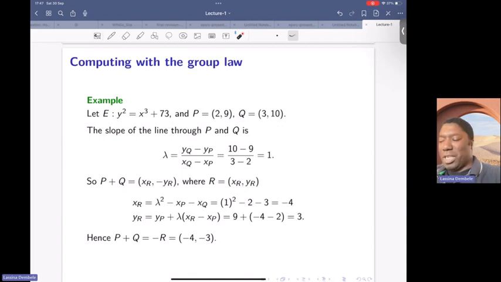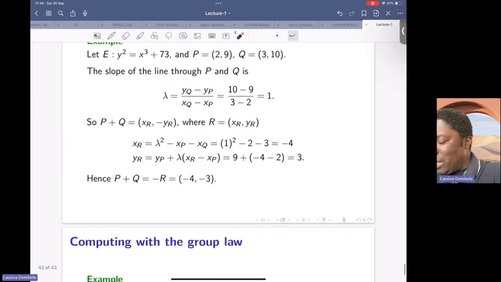And then if you want to compute P plus Q, we need to take the slope of the line going through P and Q. You can compute that slope to be 1. And then if you use the formula that we have in this corollary, you get that the sum of P and Q is the point with coordinates (-4, -3). So again, there's enough detail in the lecture notes, but it would be fun if you work out these calculations yourself.